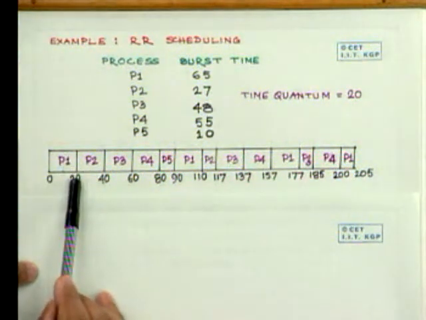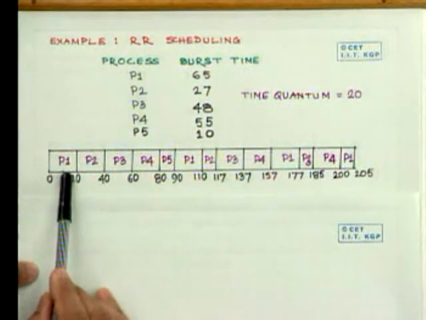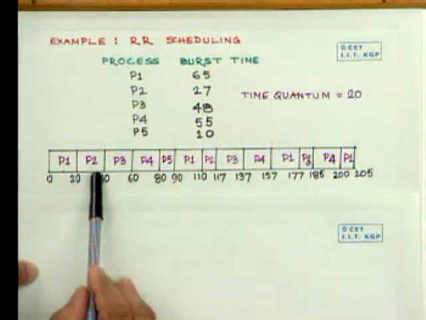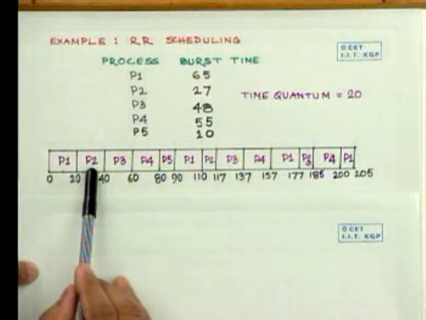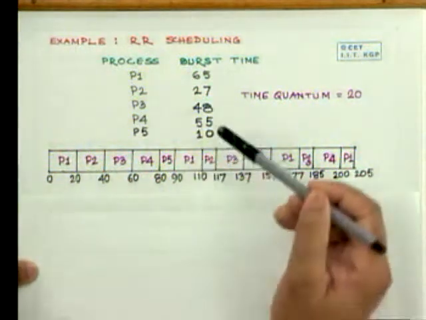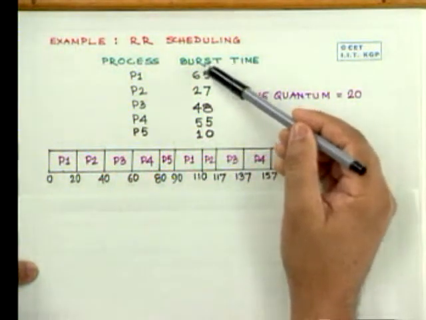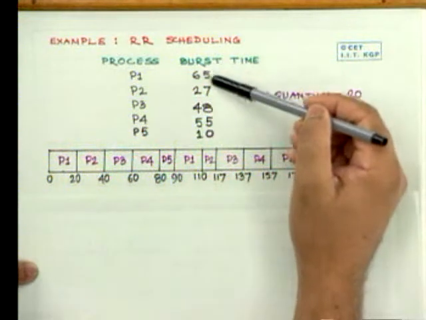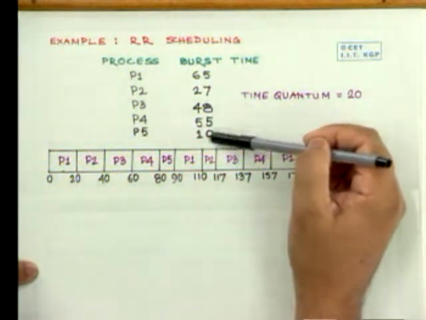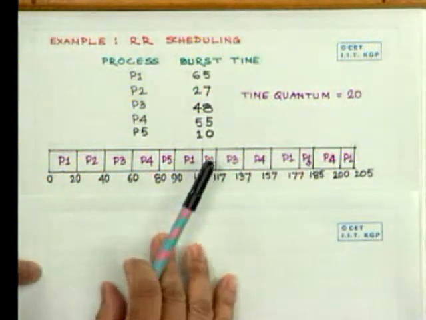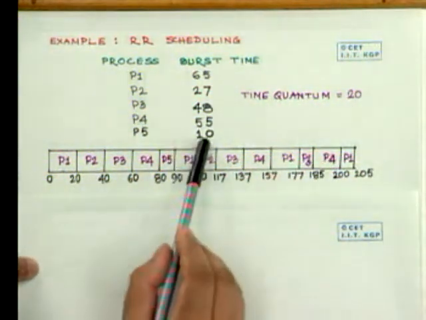At 20 milliseconds, P1 will be taken out and go back to the ready state, and P2 will be taken and put into the CPU. When I say they have come at the same time, I'm assuming this is the order: P1 first, then P2, P3, P4 and P5.